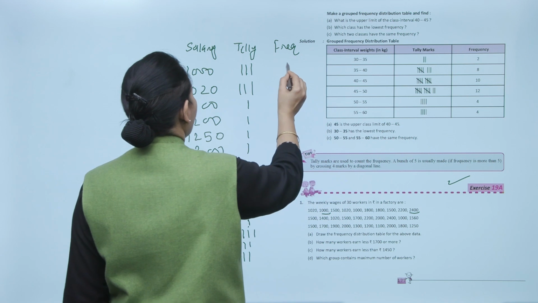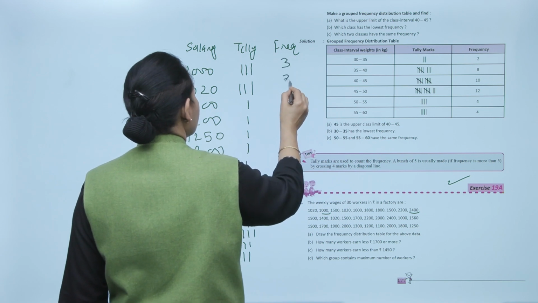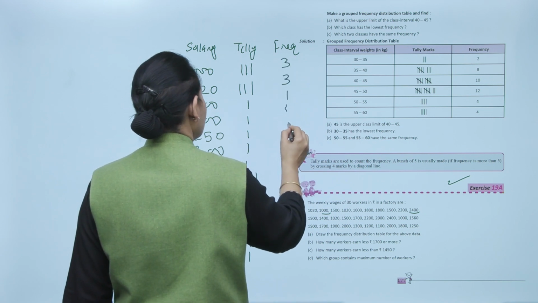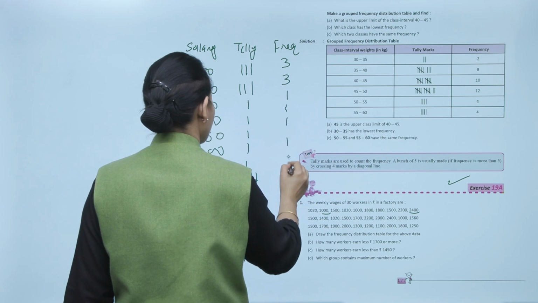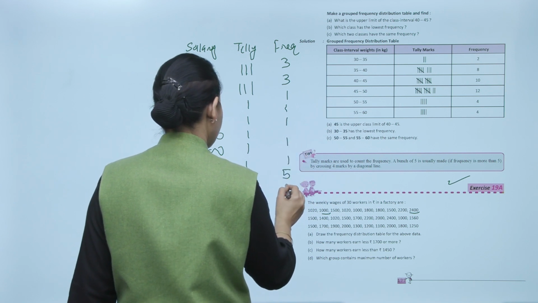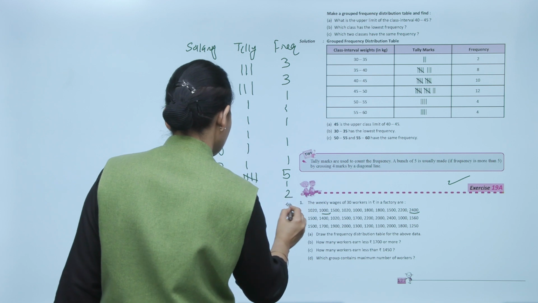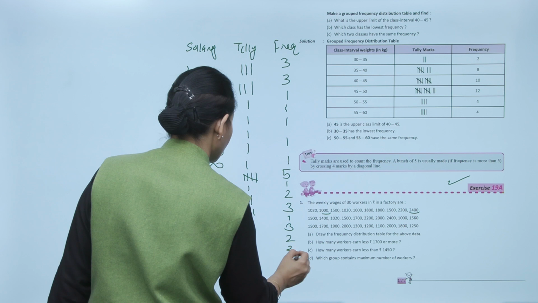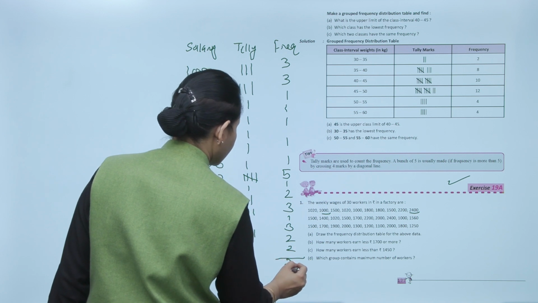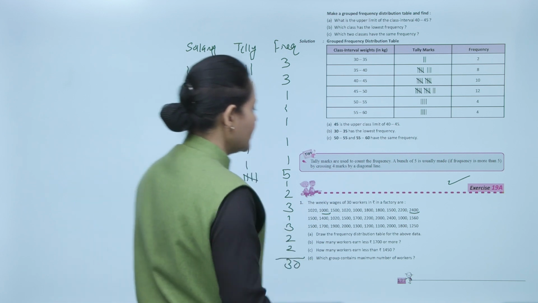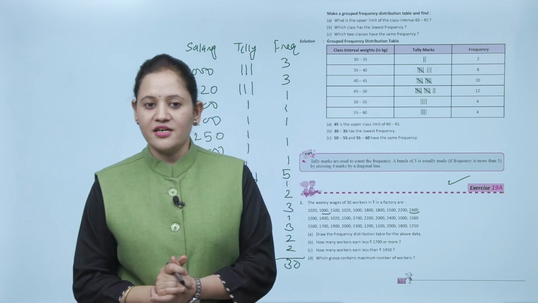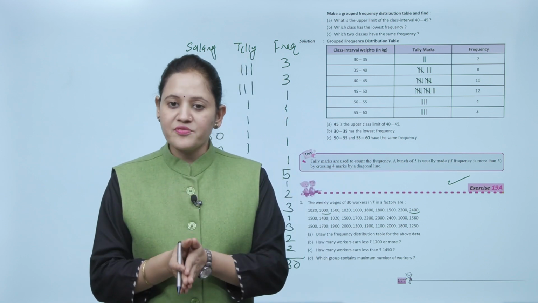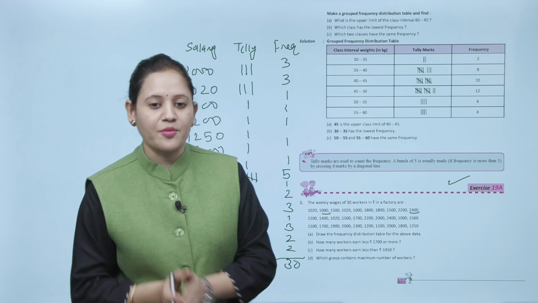So now we'll write 3, 3, 1, 1, 1, 1, 1, 5, 1, 2, 3, 1, 3, 2, 2. Total is 30. So this is the frequency distribution table of the given data. You have to practice all the questions of this exercise. We'll move to the next topic.